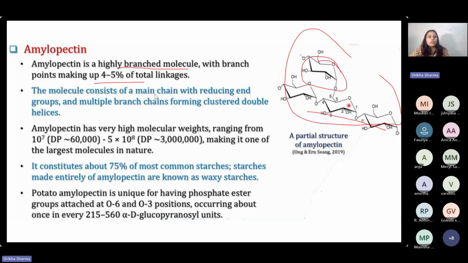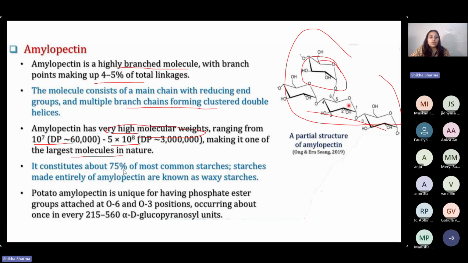The molecule consists of the main chain with reducing end groups and multiple branch chains forming clustered double helices. It is a high molecular weight compound, ranging from 10 to the power 7 to 5 into 10 to the power 8, making it one of the largest molecules in nature.